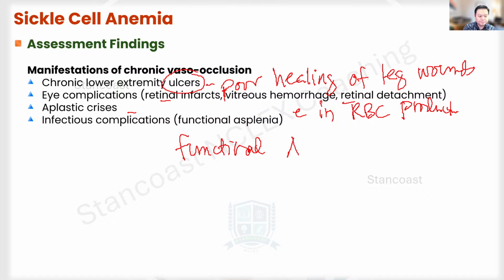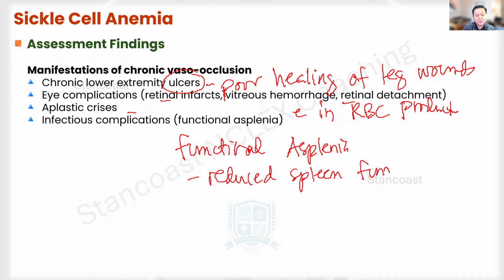So basically, this is what we call reduced spleen function. And this can predispose the patient to many infections, especially from an encapsulated type of bacteria. So they're going to be prone to any infections and also complications.